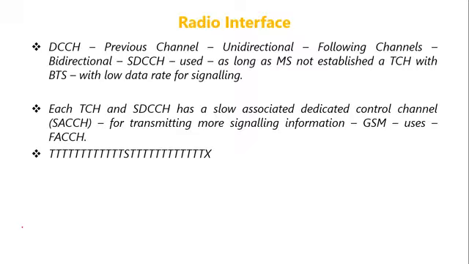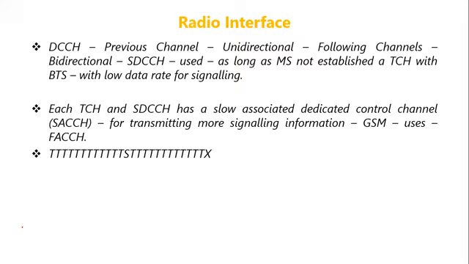Finally, if more signaling information needs to be transmitted and a TCH already exists, GSM uses something called the fast associated dedicated control channel.